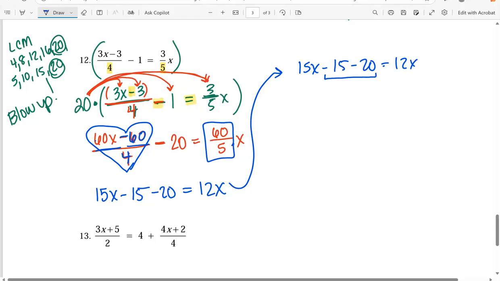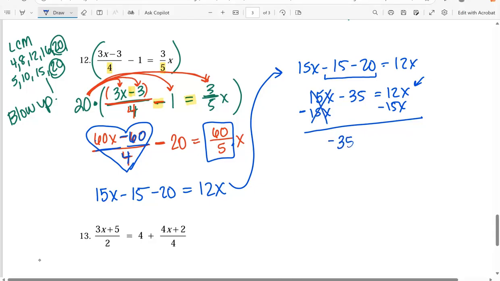Combining my like terms, on the left, I have 15x, negative 15, and negative 20 is negative 35. It doesn't matter which direction you send your x, but in this case, it would actually be simpler to subtract your 15x to the other side because this x was already alone.